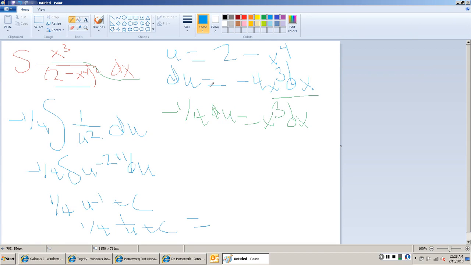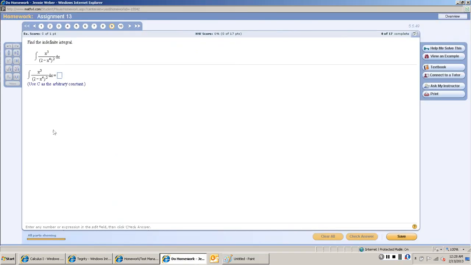And then I'm going to just go and put this back in. So I have 1 over 2 minus x to the fourth times the 4 out here. And then if I wanted to, I could multiply this through: 1 over 8 minus 4 x to the fourth, and then of course plus c if I wanted.